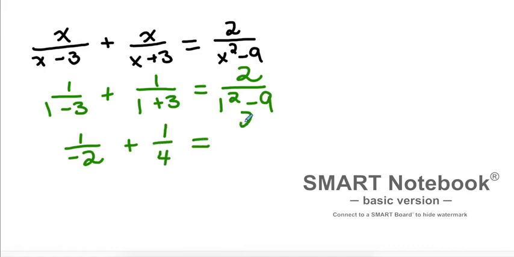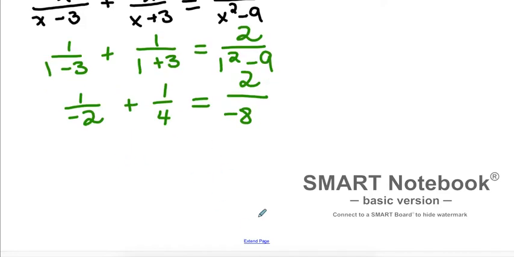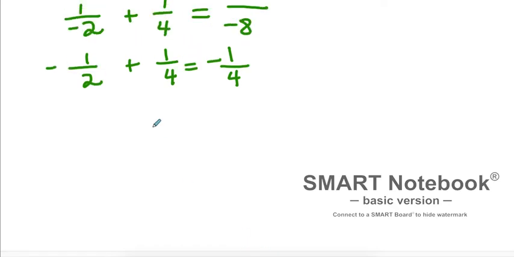Is that equal to 2 over 1 minus 9? So what is that? 1 minus 9 is negative 8. Okay, let me keep going. So yeah, this is annoying because this is fractions. Negative 1/2 plus 1/4 equals negative 1 over 4. Okay, so let's see.